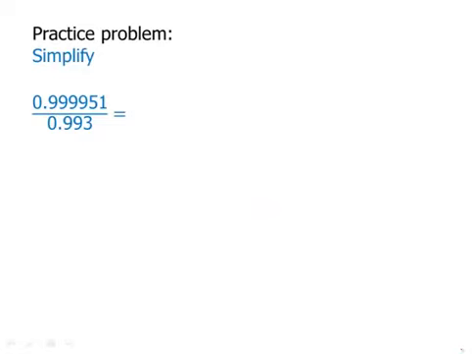Here's a practice problem. Pause the video and then we'll talk about this. Okay, so clearly we're going to write both of these as 1 minus something. The top is 1 minus 0.000049. The bottom is 1 minus 0.007. And notice that that top decimal, 0.000049, is 0.007 squared.